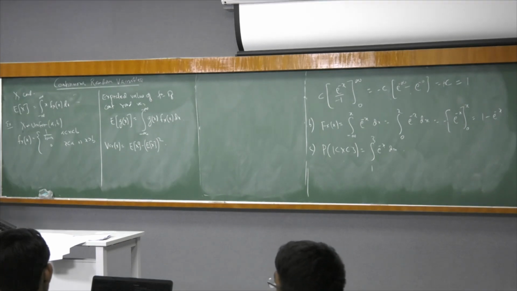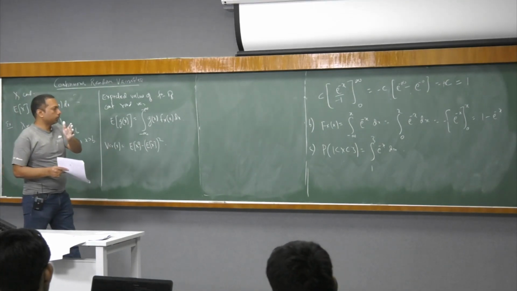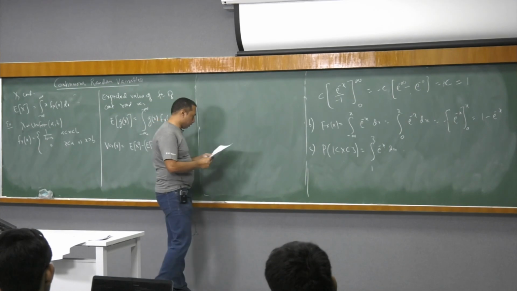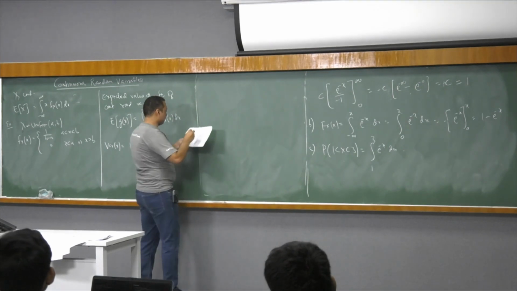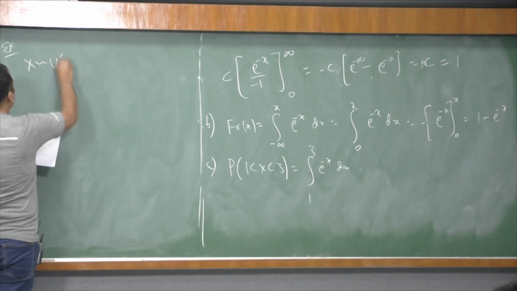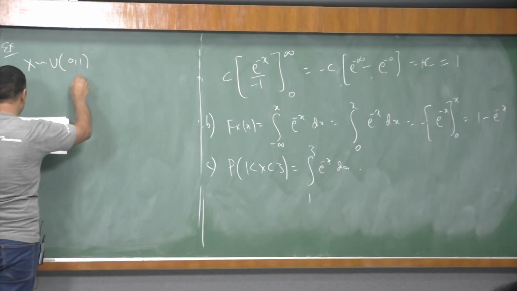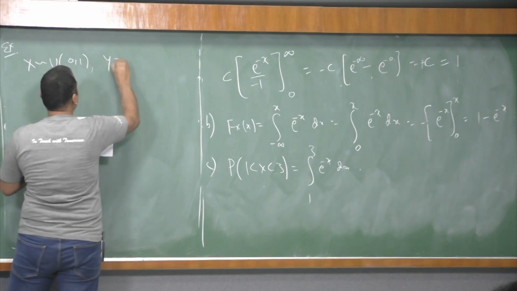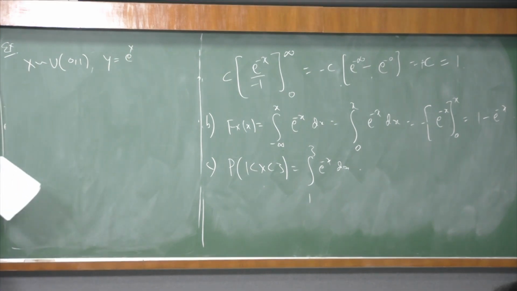So what is the PDF of the transformed random variable, right? So let us see one example: x is uniform 0 1 random variable, and y is e to the x. So x PDF you are given, and then you are supposed to find PDF of y, which is e to the x. Okay, so let us try to work out this. Later we will also write down a method of transform.